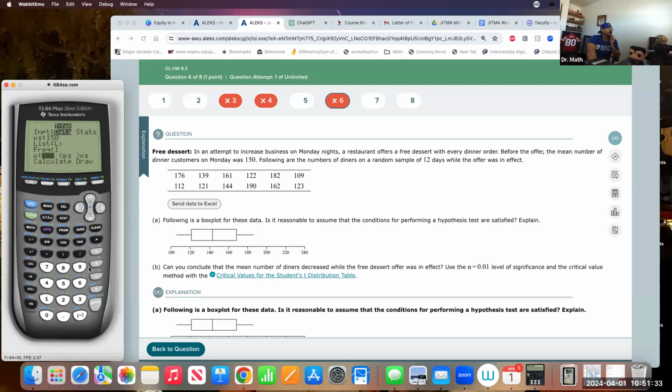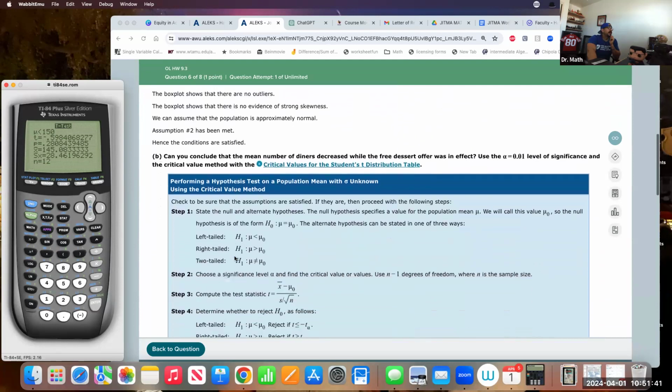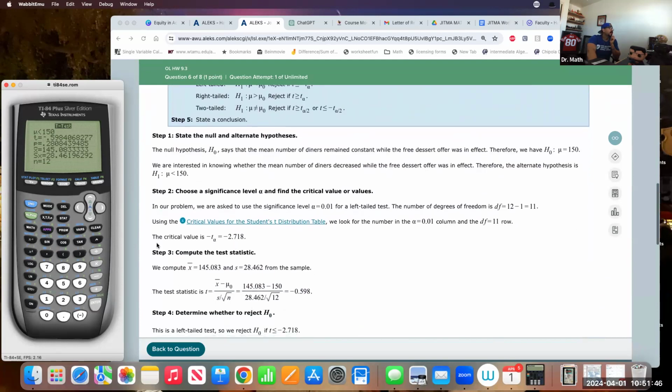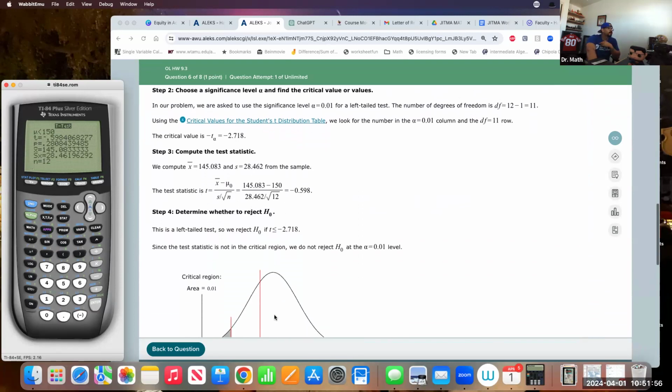We're doing less than. Then we hit calculate. Boom. And so this that they did by hand, which is fine, that's nice. But again, I get the same answer right here when I do it using t-test. So you could either use the formula or you could just use t-test, and it's up to you.